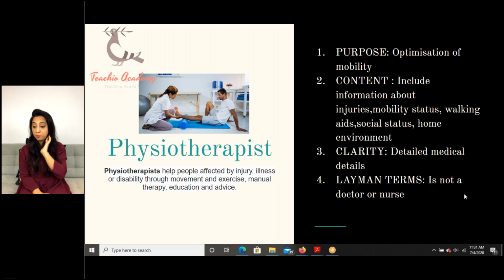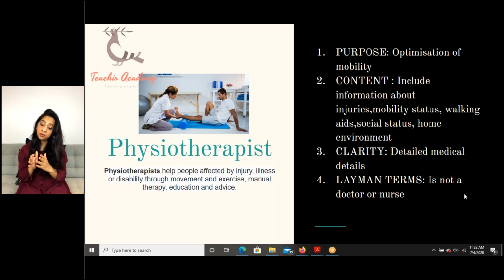For example, if you say this patient has been diagnosed with glioblastoma multiforme, and you leave it at that, they might not understand what you're talking about. So you might have to write that this patient has been recently diagnosed with a brain tumor called glioblastoma multiforme so that they can understand what you're talking about.